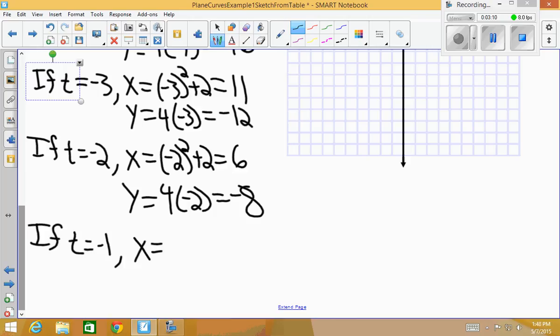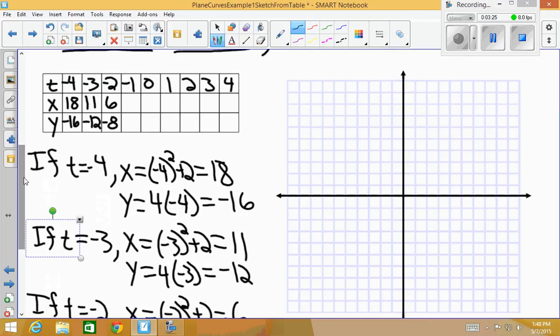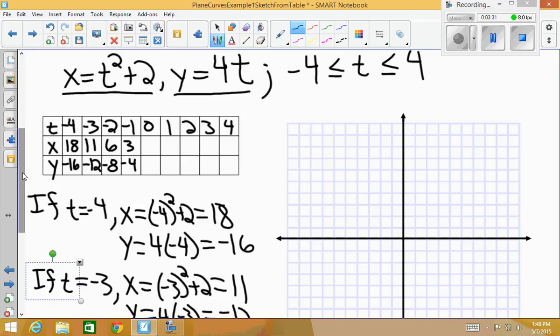Now t is -1. If t is -1, x is -1 squared plus 2, which is 3. And y is equal to 4 times -1, which is -4. So 3, -4 goes in our table. Okay. Maybe we could start doing some of these in our heads. If t is 0, then x is equal to 2, and y is equal to 0.